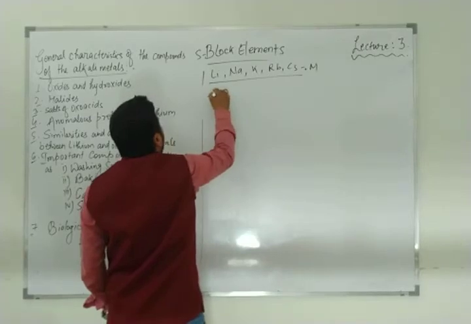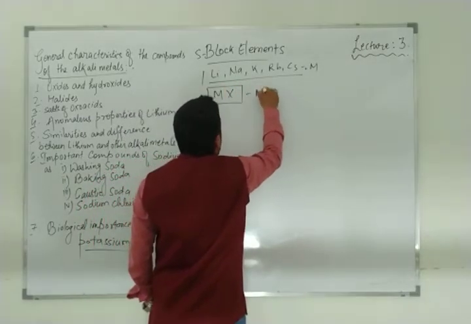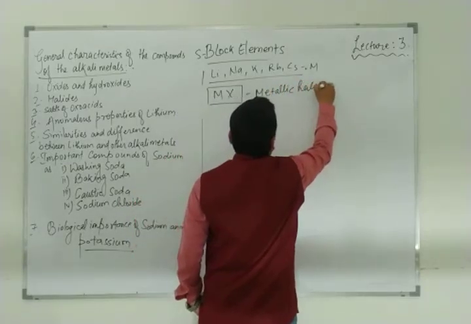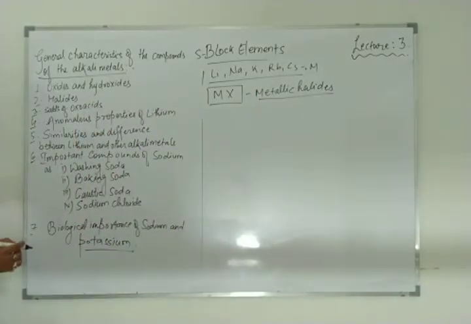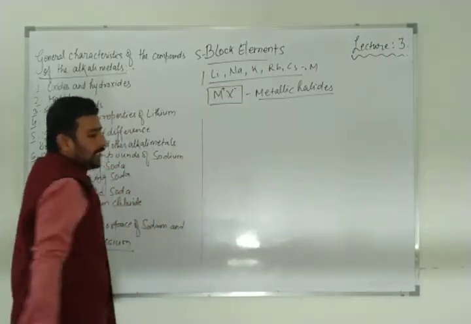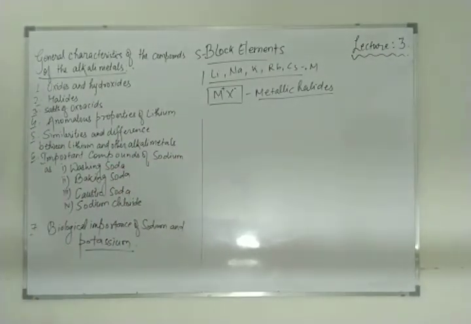So this MX is called metallic halides, alkali metal halides, don't forget that. It can be represented as M+ and X-, so here they are in pure cationic and anionic form. These alkali metal halides are all high melting colorless crystalline solids.